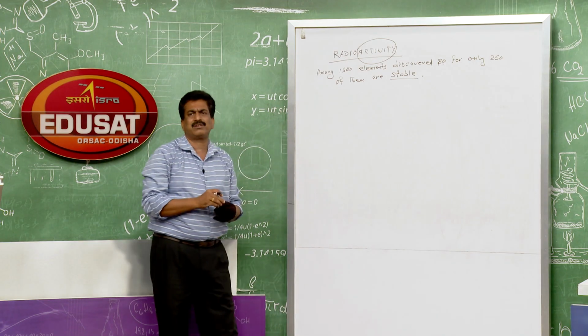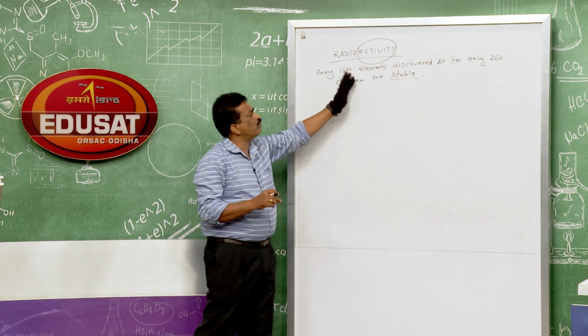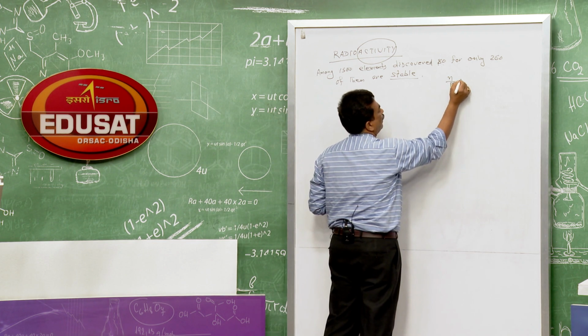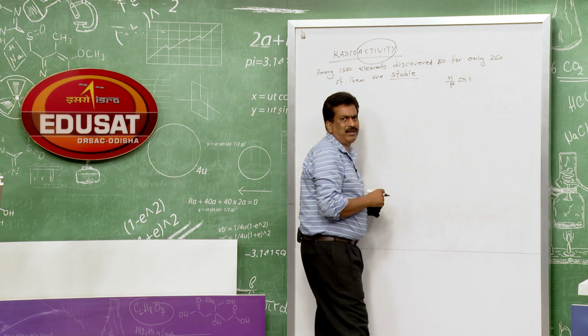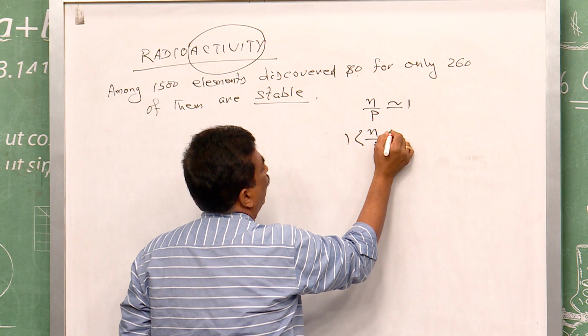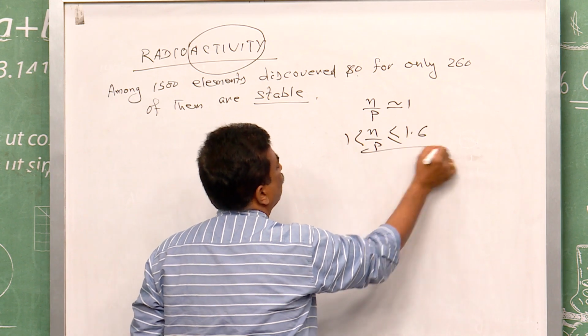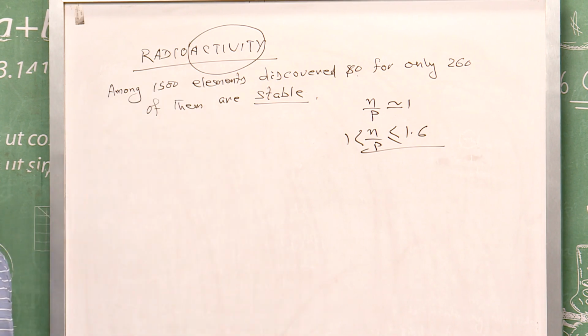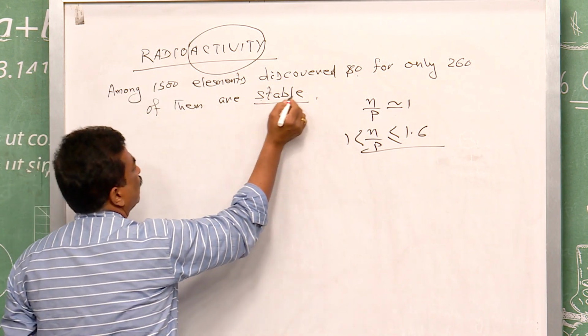Those which are stable satisfy the ratio of n by p, which is either nearly equal to 1 or n by p greater than 1 and less than or equal to 1.6. We discussed this in the nuclear stability belt graph. So this is the stable one.